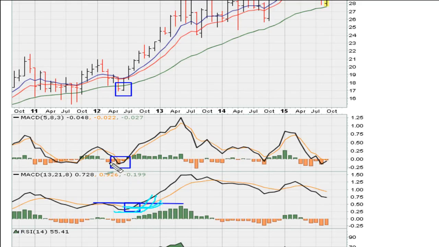So again, we see that this was good enough because of the uniform activity at these lows, but we also see that the MACDs did cross over. The main MACD crossed over above zero, and a crossover above zero is a better buy signal than a crossover below zero. So that all makes sense, and it all ties into what we've been learning on this MACD series.